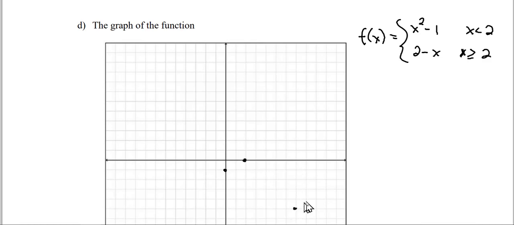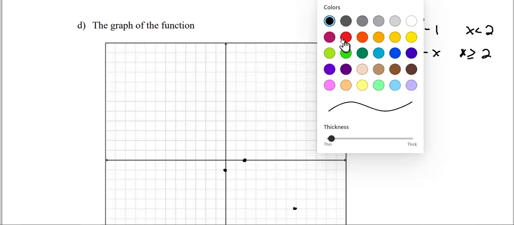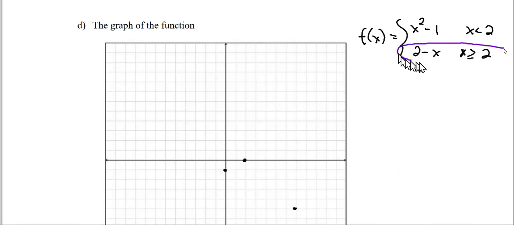Here. Okay, that's what we have. Well, that doesn't really tell us a whole lot, because this thing being defined by different equations could have an interesting graph. Let's start with this part right here.